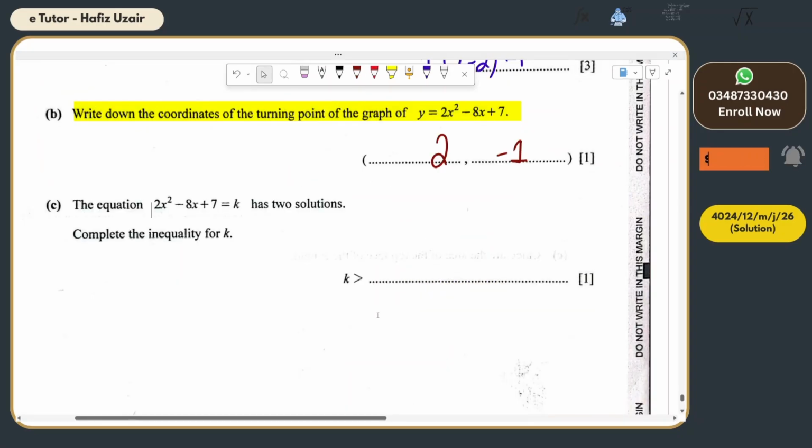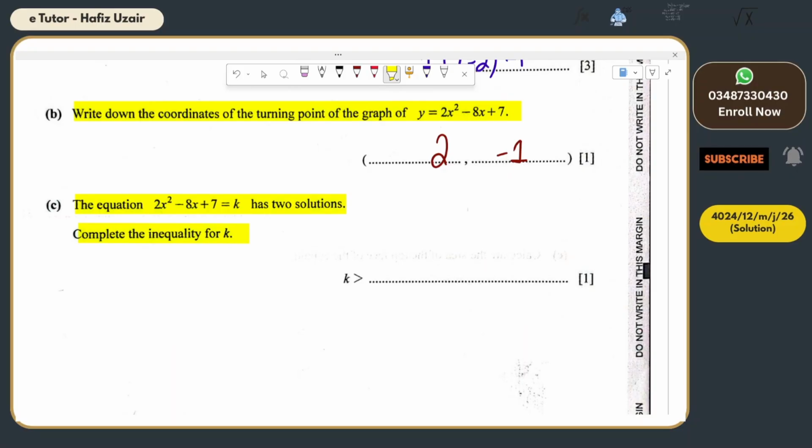Let's solve part C of this question. The equation 2x square minus 8x plus 7 is equal to k has two solutions. Calculate the inequality for k. All right. Now the quadratic function is y is equal to 2x square minus 8x plus 7.